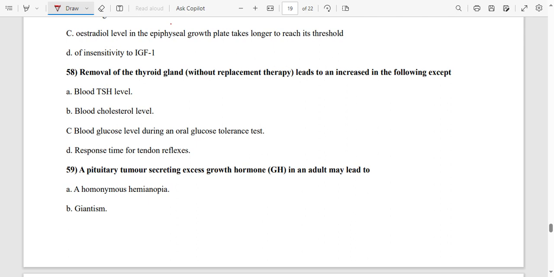Now TSH, is it thyroid stimulating hormone? And then blood cholesterol levels, and then response time for tendon reflex, blood glucose levels during an oral glucose tolerance.